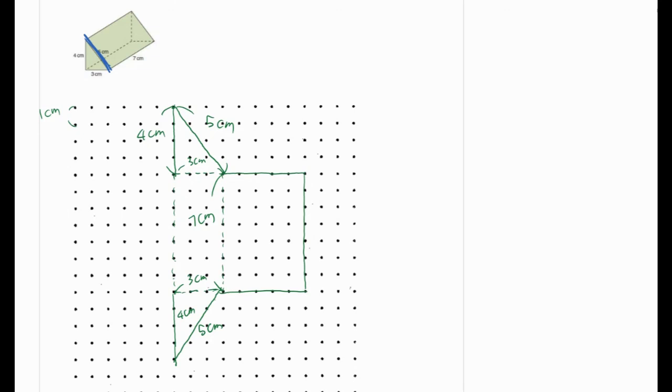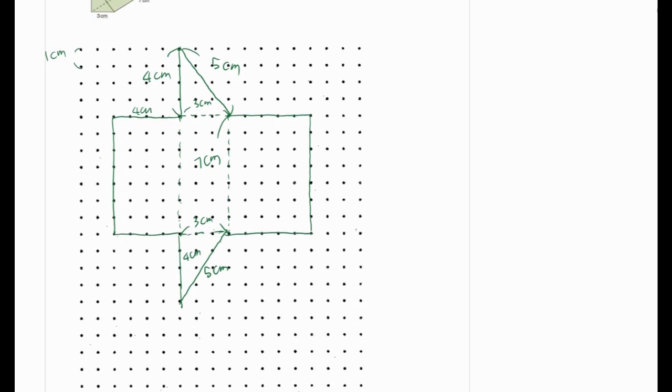For the same reason, this length, 1, 2, 3, 4. This should be the 4 centimeter. This should be 4 centimeter because this covers this part. Let's draw it like this. All right. Okay, this is a net. This is a net of this triangular prism.